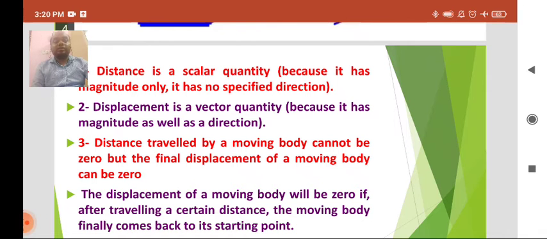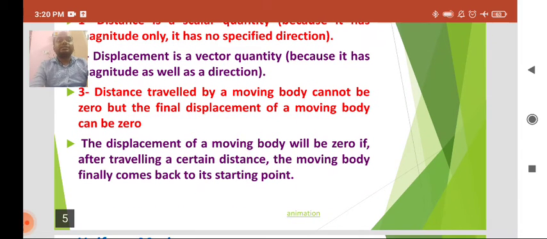Why? Because after traveling a certain distance, the moving body finally comes back to its starting position. Such examples illustrate distance, scalar and vector.